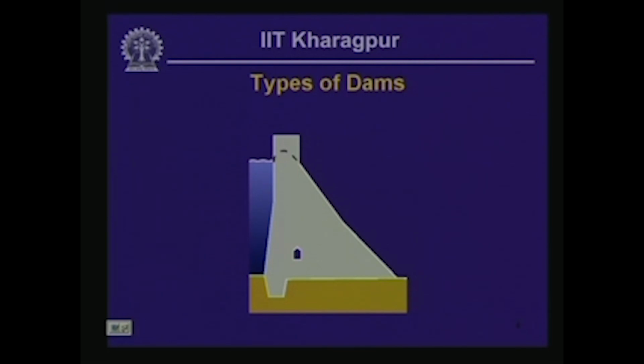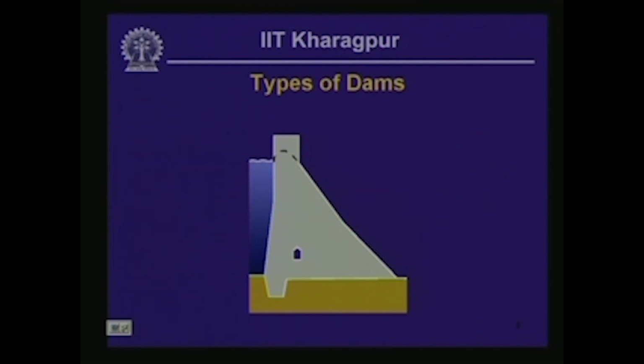Now, a dam could be a structure which counteracts the lateral forces because of the material retained. In the illustration here, I have shown water retained by the dam, the cross section of which is shown on this particular sketch.